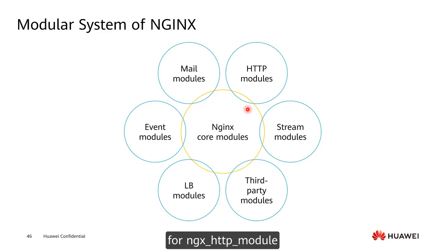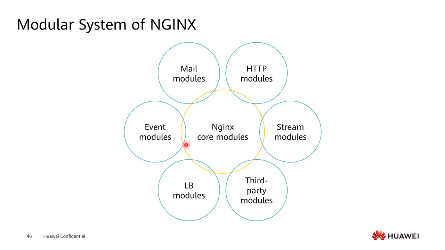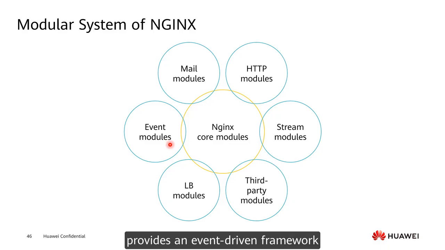And then the Nginx HTTP module provides HTTP services, including processing HTTP requests and responses, and implementing HTTP parsing and construction. The Nginx event module provides an event-driven framework that supports multiple event modules such as epoll and kqueue.